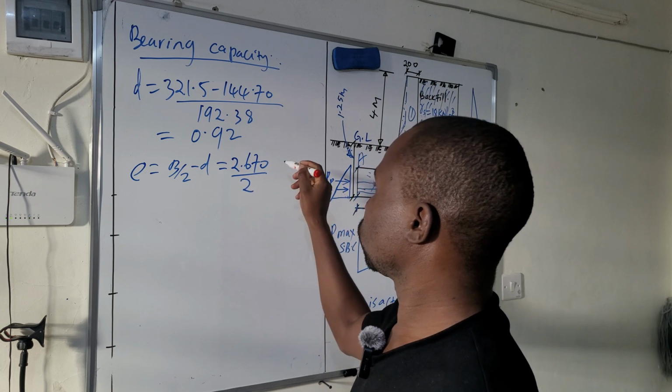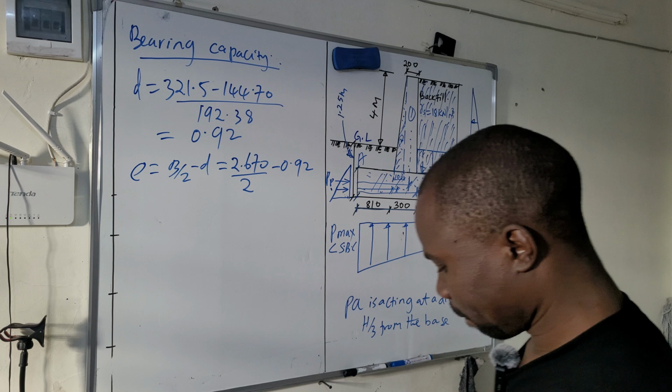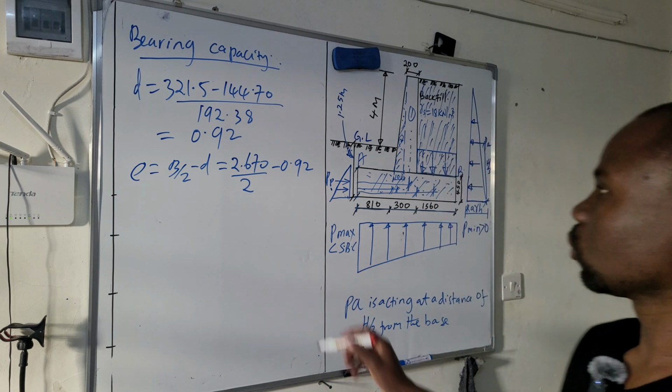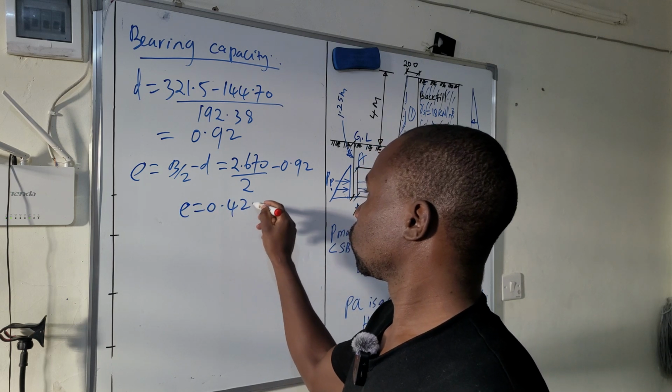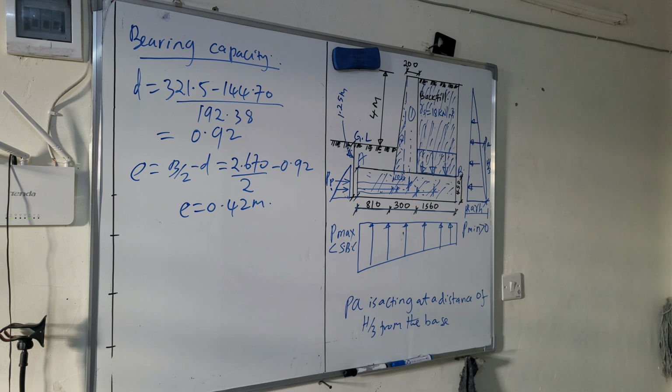Then you divide by 2 minus 0.92. So you will get 0.42. So E is equal to 0.42 meters.